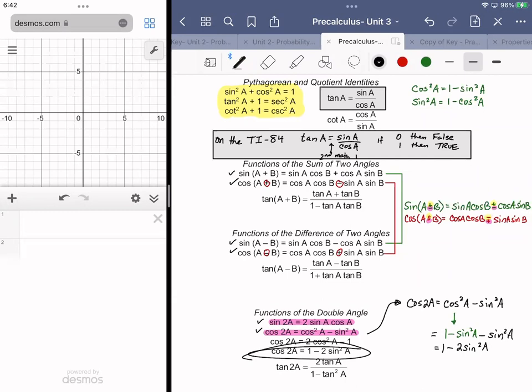So you don't really have to know this rule, because you can always figure it out just by making a timely substitution.